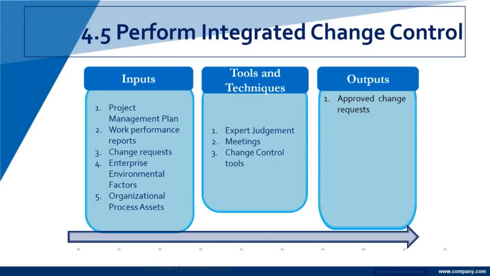Output from this, obviously, is the approved change requests. So we use our expert judgment. We have meetings, we have tools, but we have to get those approved change requests and use those to move the project forward. Change logs. Anytime we're changing, we want to make sure that if we're keeping any track of it, we know version control, that kind of thing.